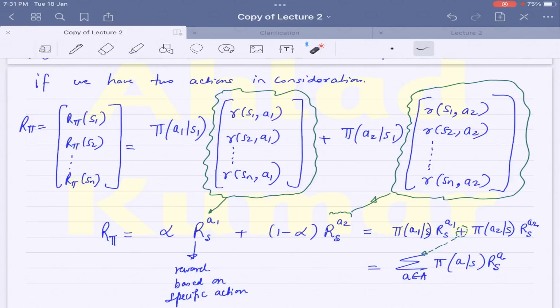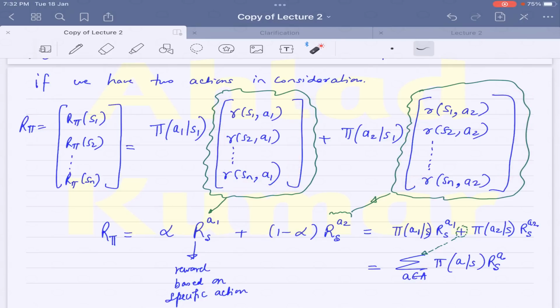So now again the important concept here is that this one dimensional column vector is basically nothing but the rewards that you get for the state for a specific action that you are taking. And similarly, this is basically the rewards for all these states for a specific action A2. So you have to actually create these matrices separately for different actions.